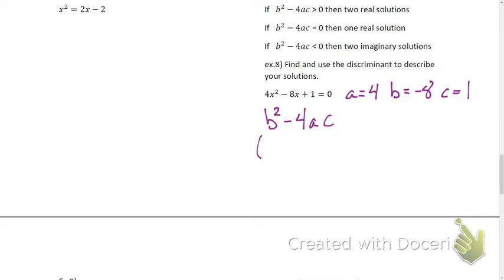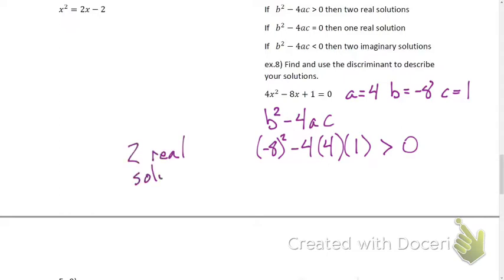So I have negative 8 squared. And by the way, if you can do this in your head, I need you to, at the minimum, write what I'm writing right here. So if you see that that result is going to be positive, greater than 0, then you can stop right there, and you can write 2 real solutions, and I will give you full credit.